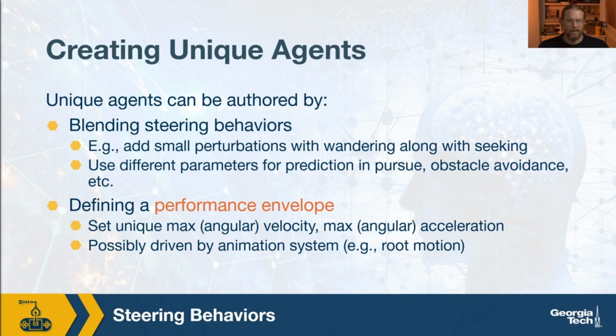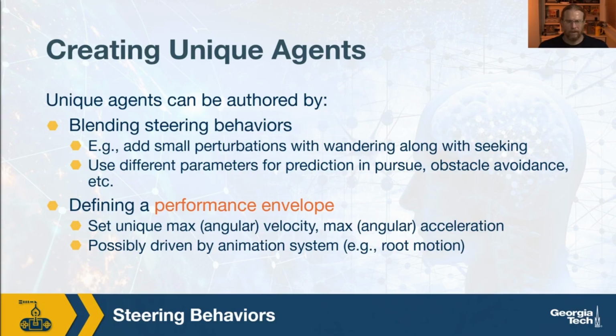So in that case, we can set unique maximum velocity or angular velocities. Same with acceleration, we can set. Or if we're using like a fancy animation system with root motion, of course, the animations that we use will create unique movement for the character.